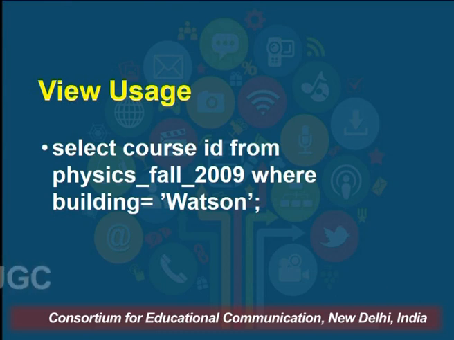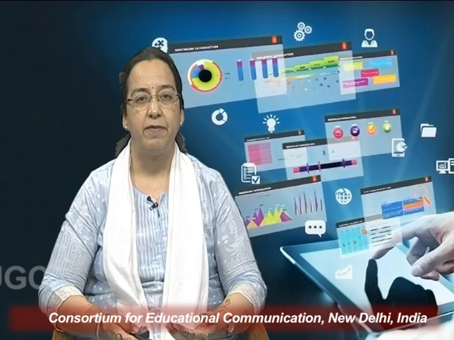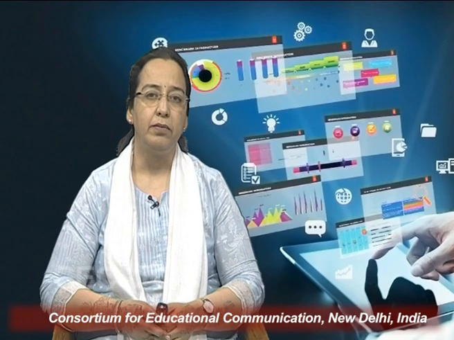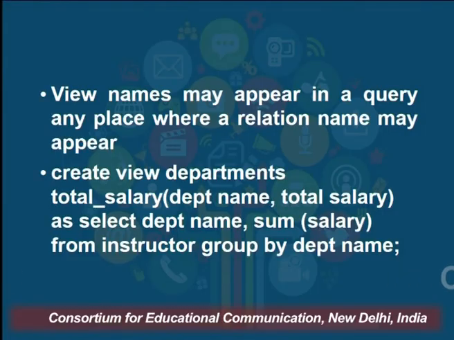Firing a query not on a relation, but on a view is perfectly okay. As we have seen in the example, view names may appear in a query any place where a relation name may appear. So, the query will be fired irrespective of whether it is on a relation or on a view.